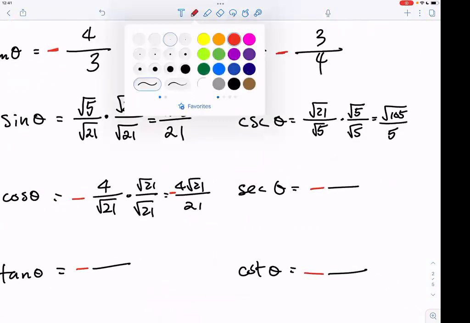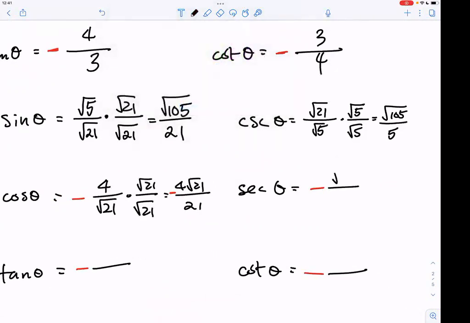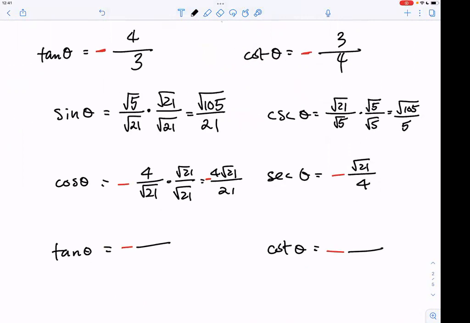Secant theta, we will have, ooh, that's nice. Root 21 over 4. No need to rationalize. Sweet. Tangent theta, opposite over adjacent.